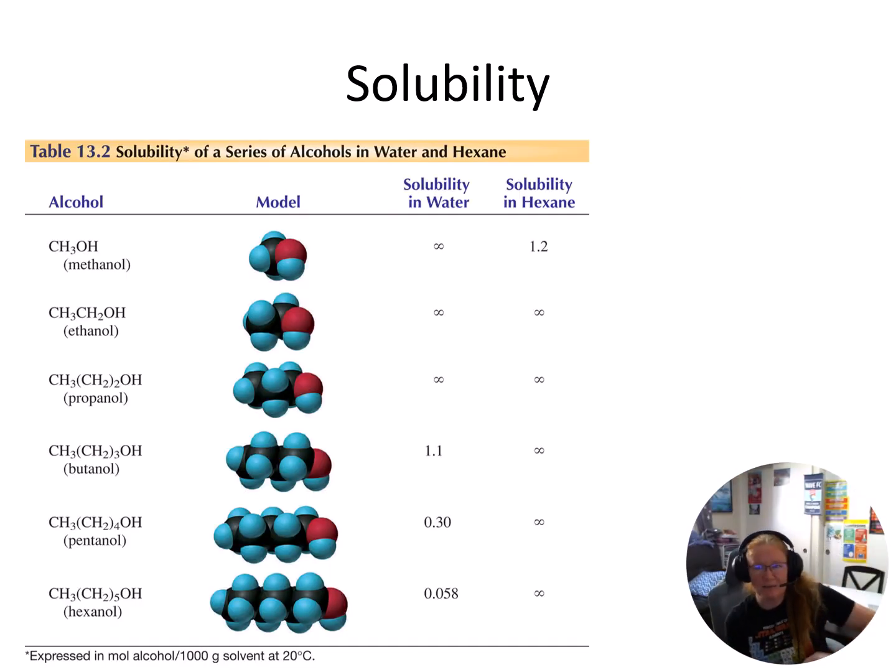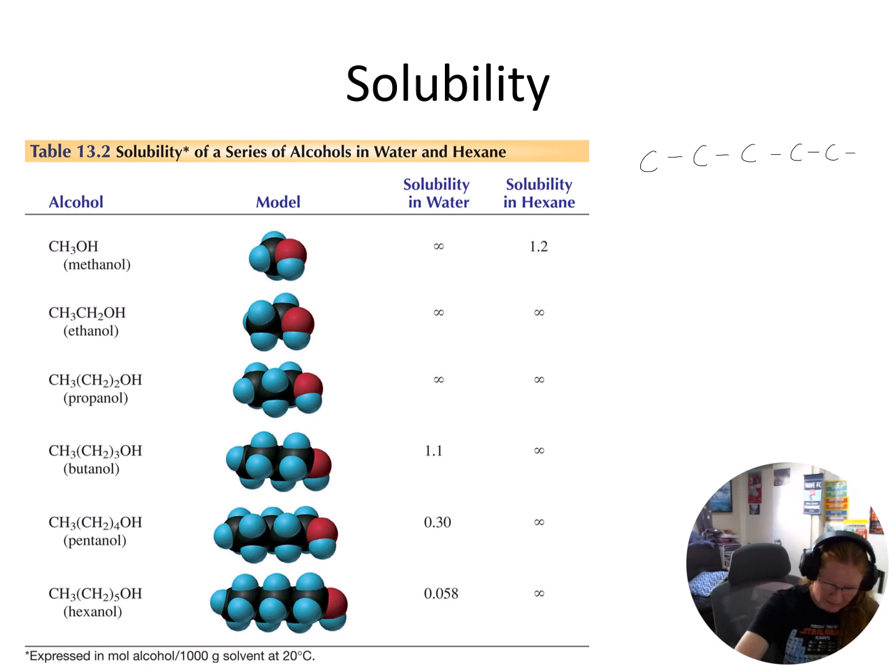When I look at solubility in water versus hexane of a series of alcohols, now hexane, we've got all these carbons. Oh my goodness, so many carbons, so many hydrogens.